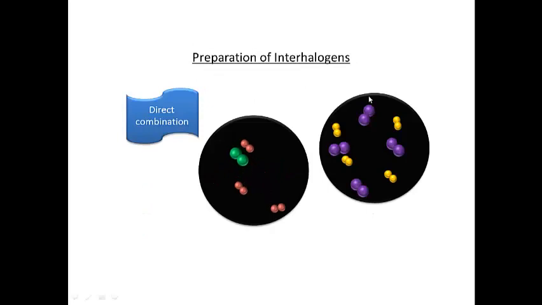The preparation of interhalogens is relatively simple. The interhalogen compound can be prepared by direct combination of halogens. This can be done with the molecular halogens in equal proportion or in different proportion. So if we have 1 is to 3, then it can form AX3 type of interhalogen compound.